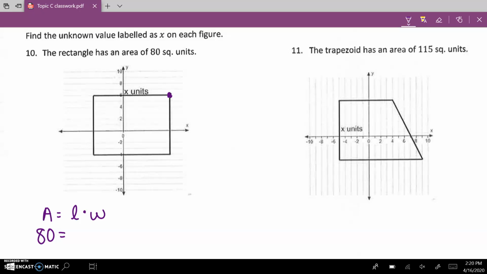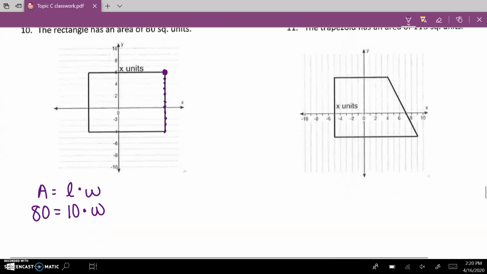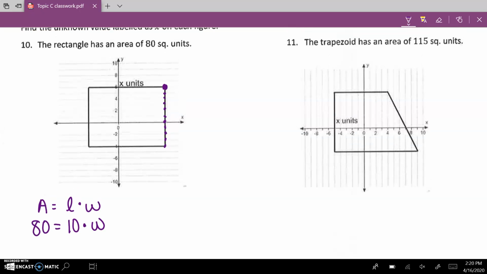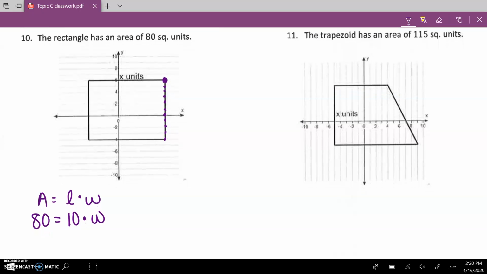If I start up here in the top right, 1, 2, 3, 4, 5, 6, 7, 8, 9, 10. This is 10 units. We're trying to figure out what the width is. Again, that could be L or W; those are pretty interchangeable. So you're solving the equation.